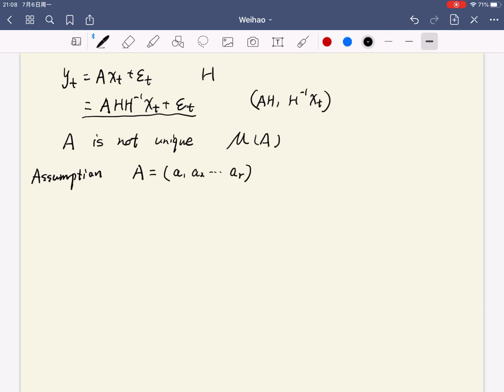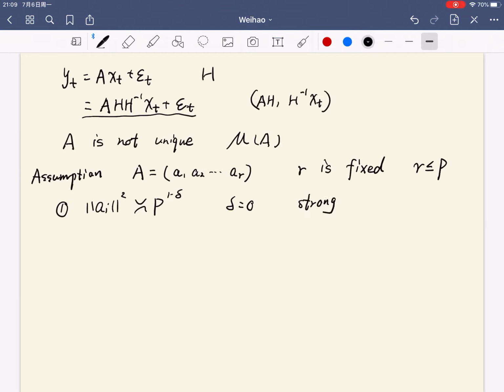The important point in this paper is that r is assumed to be known and fixed and less than or equal to p. The first assumption is that the column norm is of order p to the power 1 minus delta. When delta equals 0, we have what is called a strong factor.